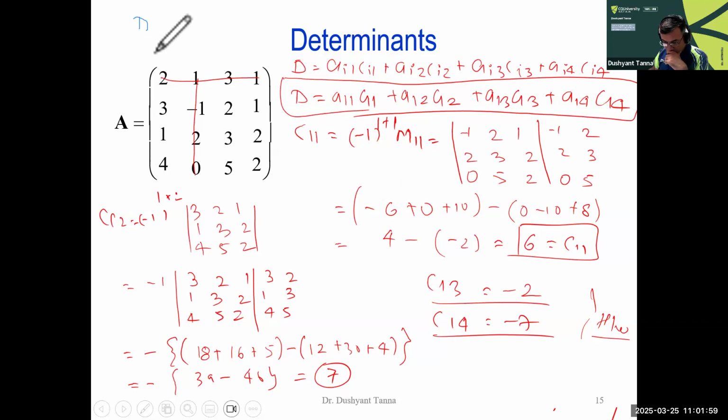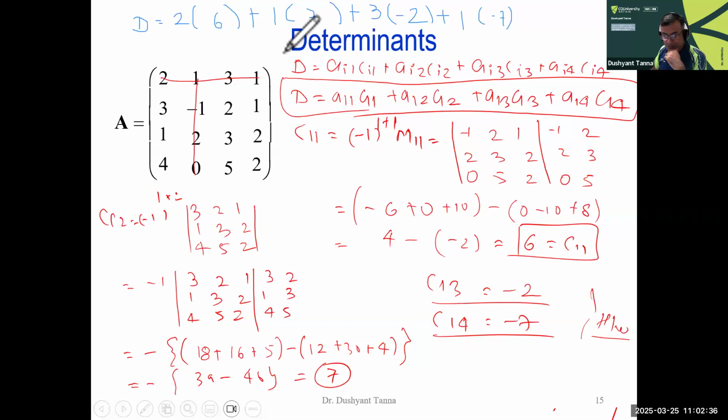So determinant D will be A11, which is 2, times C11, that was 6, plus 1 times C12, which is 7, plus 3 times minus 2, plus 1 times minus 7.